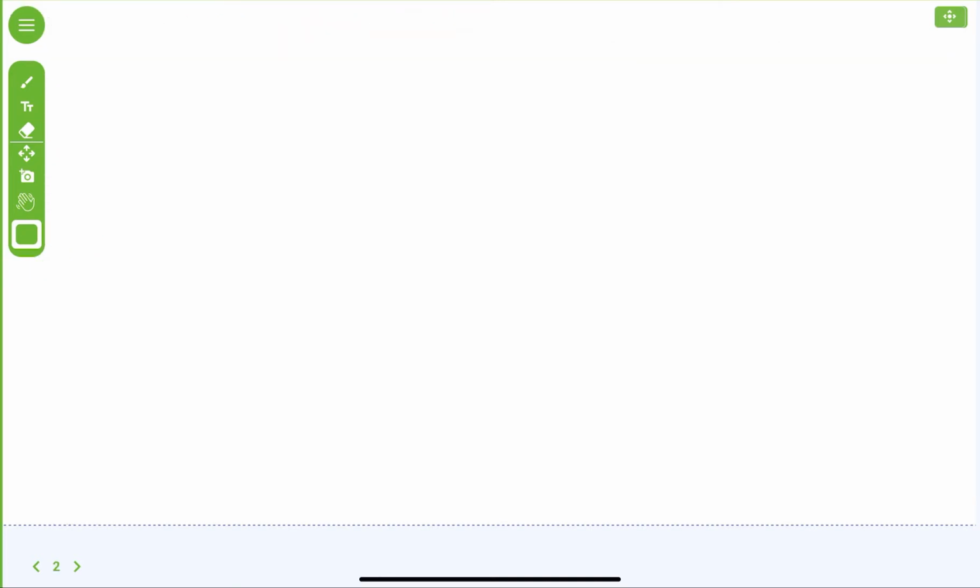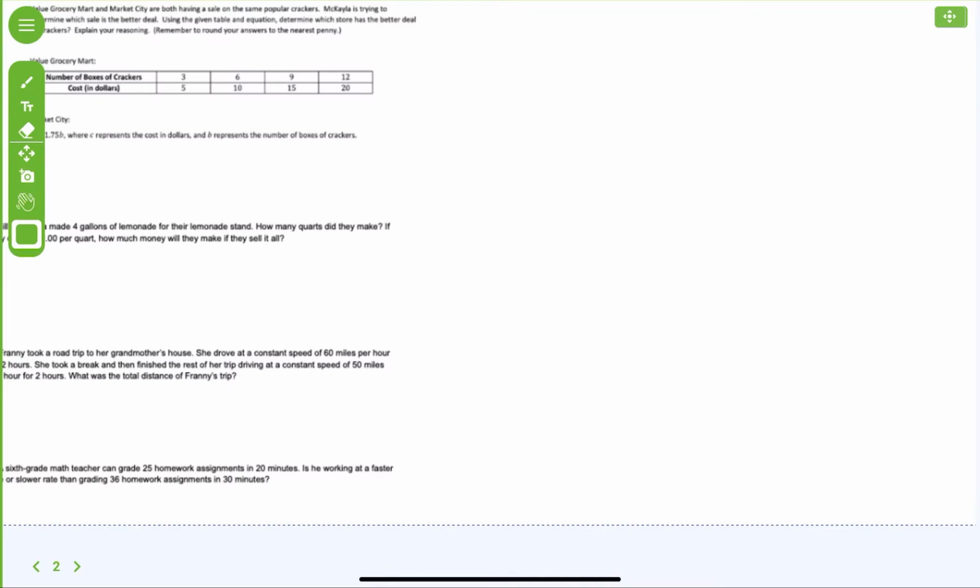Page 2. Let's see here. Let me see if I can move this over just for a second. It says the Value Grocery Mart and Market City are both having a sale on the same popular cracker.